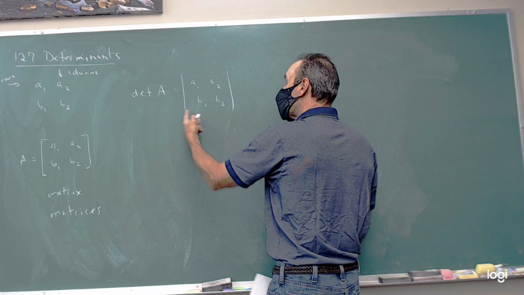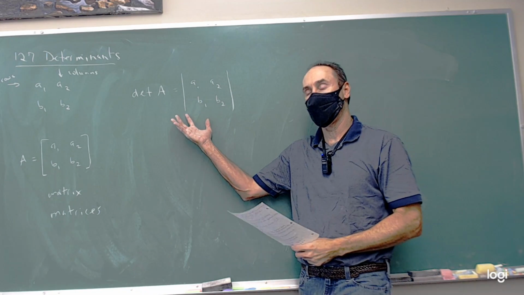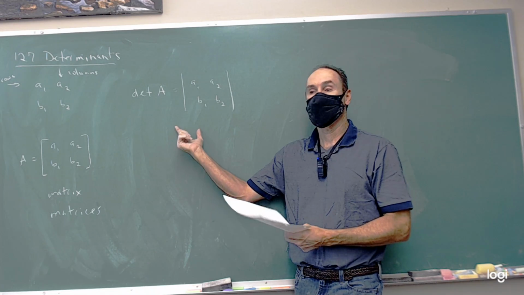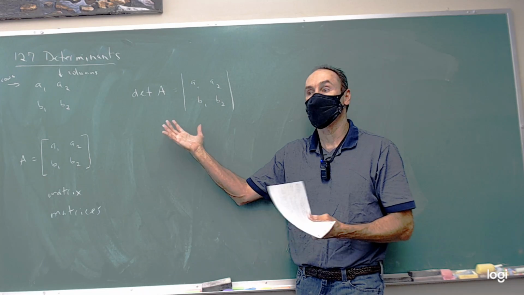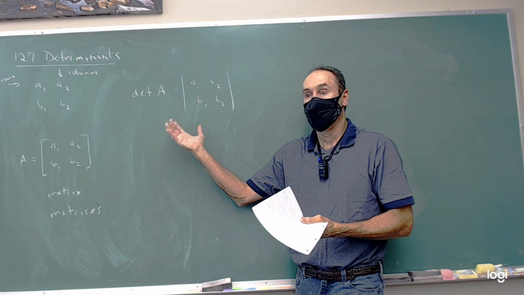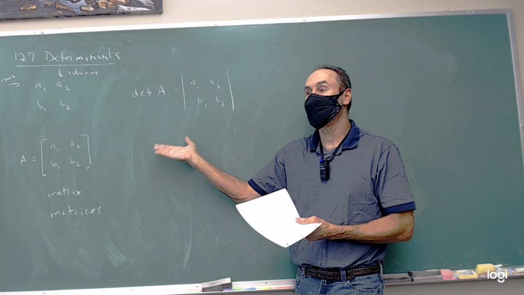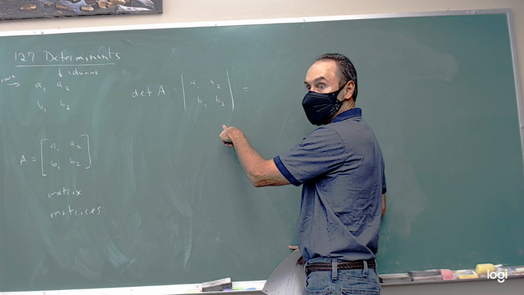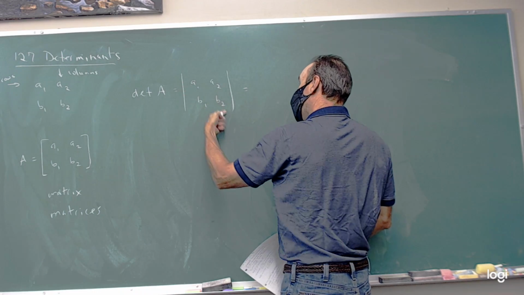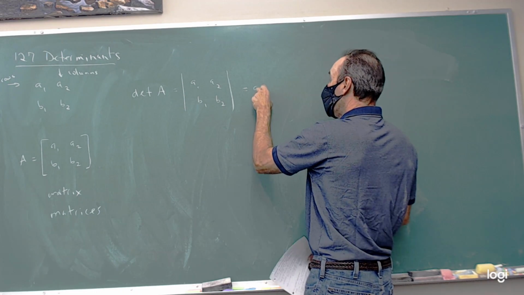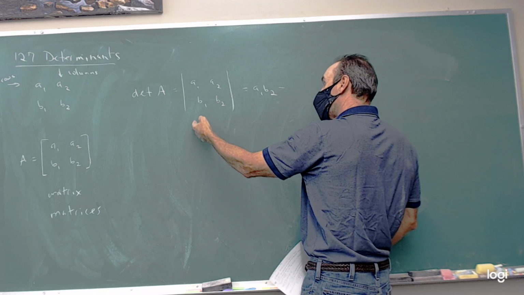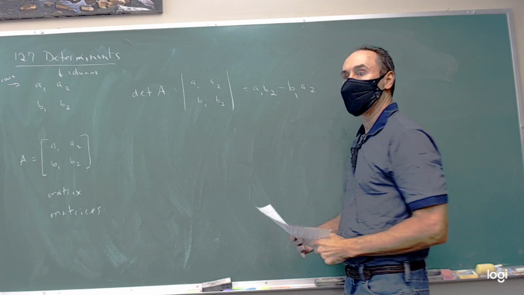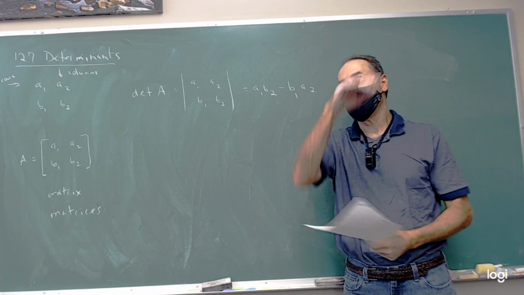So when you see these straight line symbols around this array of numbers, that's understood to be a determinant. So that is the determinant of a matrix A. It is always a number. A determinant gives you a number. And the number that you get in the 2 by 2 case is you multiply down the diagonal, so that's A1 times B2, minus what you get by going up the diagonal, B1, A2. So it's down minus up in a 2 by 2 determinant.